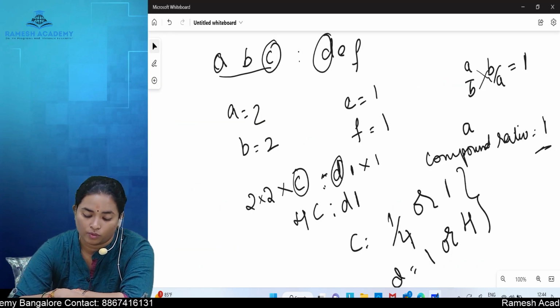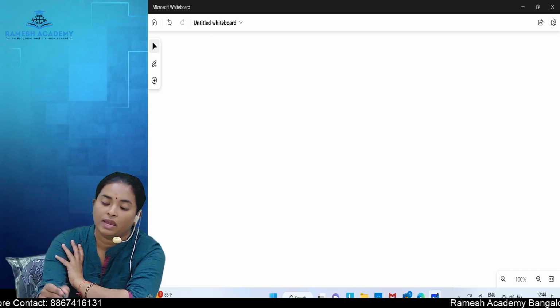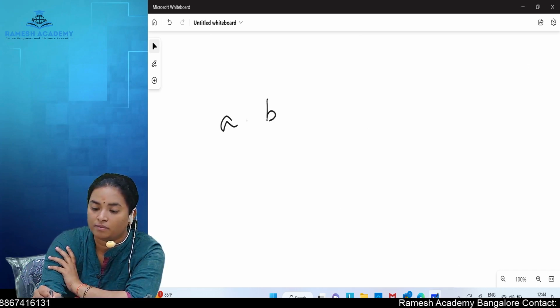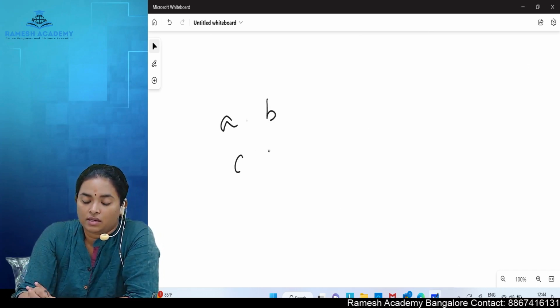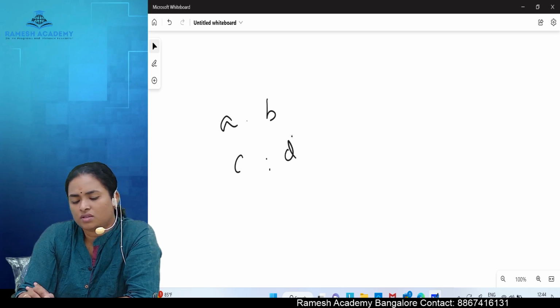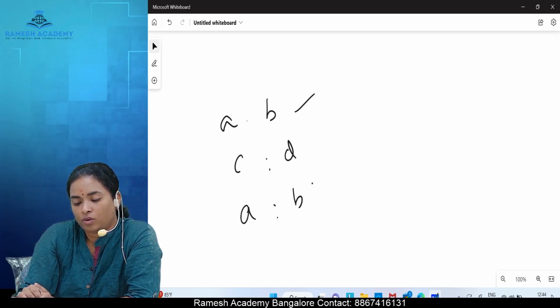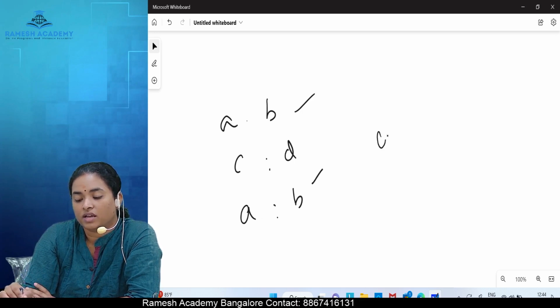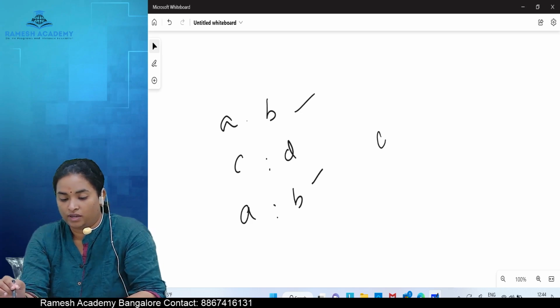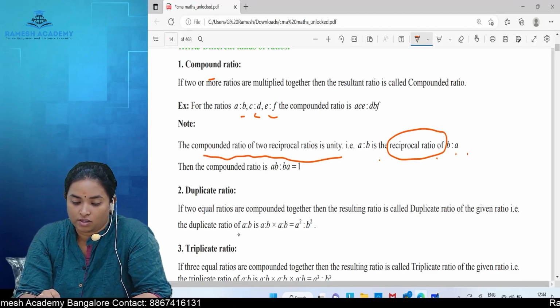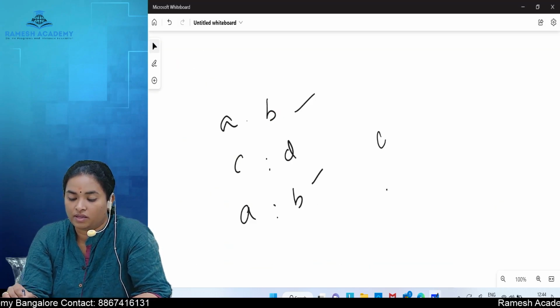For duplicate ratio, here we have A and B, C and D, so these are all different. If I write A and B again, they both are the same, and we call it duplicate ratio. The duplicate ratio of this will be A square is to B square.